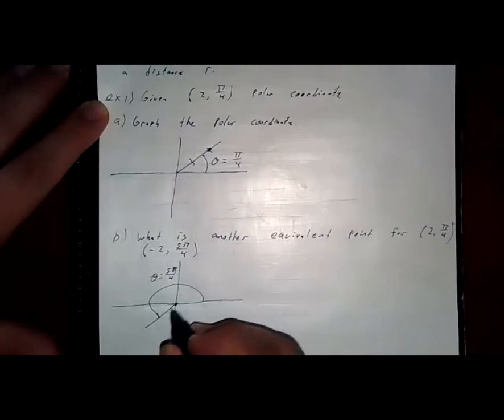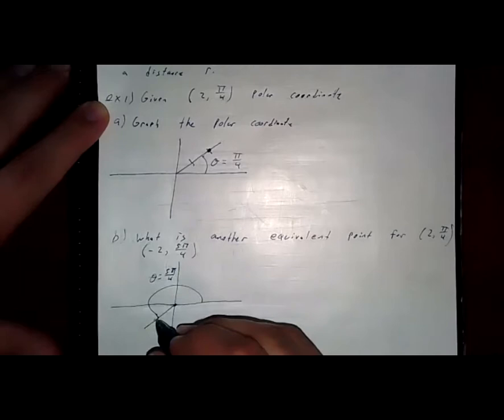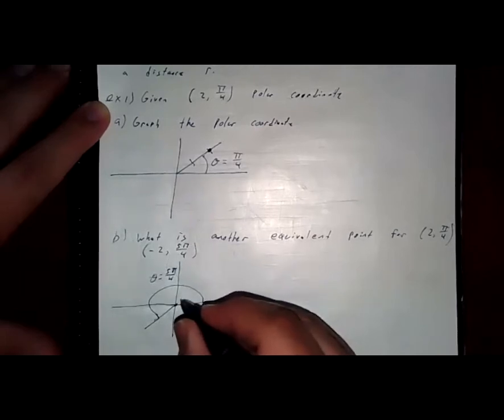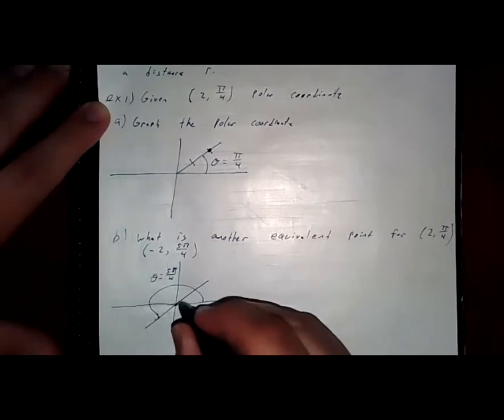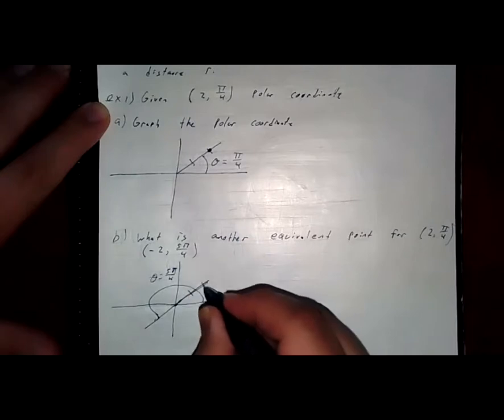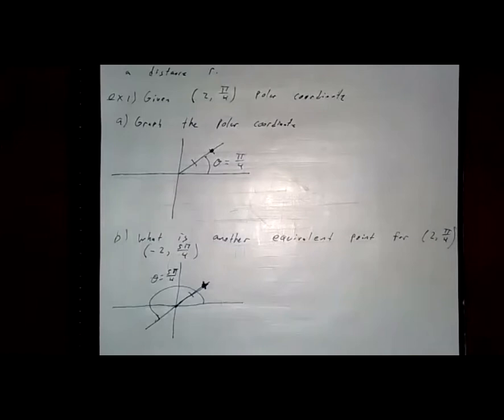So when we use a radius of -2 to go in the opposite direction, I'd end up going over here. So 1, 2. So that'd be the same location. Does that make sense? There's more than one answer, by the way. There's not just one, right? There's more than one way to get there.